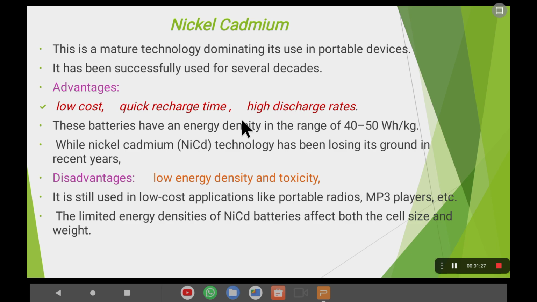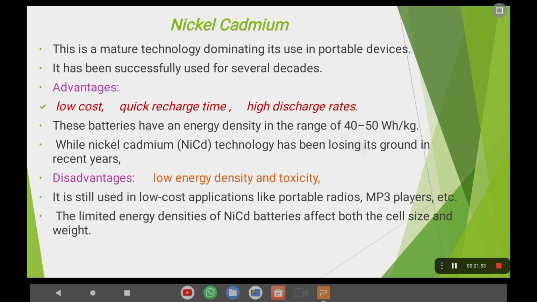If you want to decide on battery capacity in terms of success, we have to consider some important points: life cycle, energy density, the cost of the device, recharging, and high discharging. These batteries have an energy density in the range of 40 to 50 watt-hours per kg.